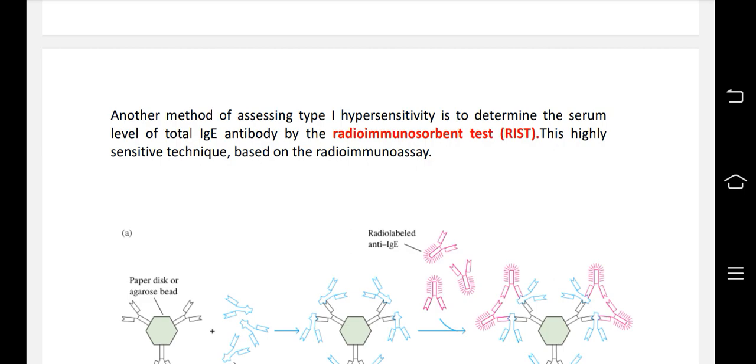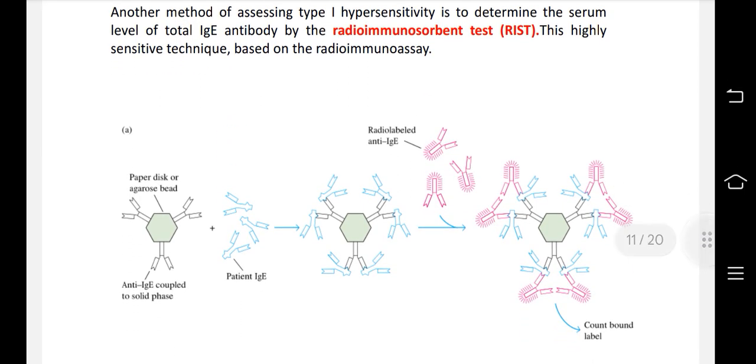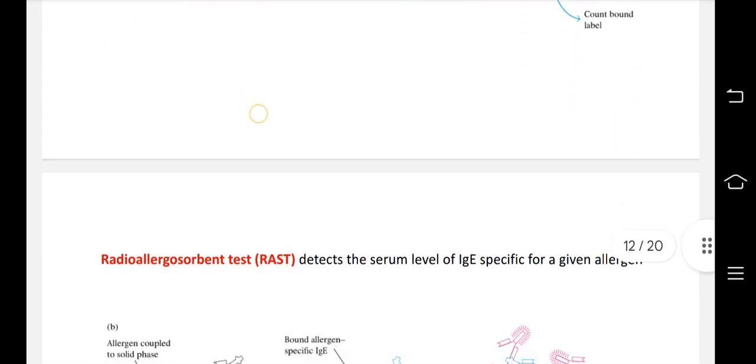This is a highly sensitive technique based on the radioimmunoassay. Paper disc or agarose bead, anti-IgE coupled to solid phase, patient IgE, radiolabeled anti-IgE, then cell-bound label.